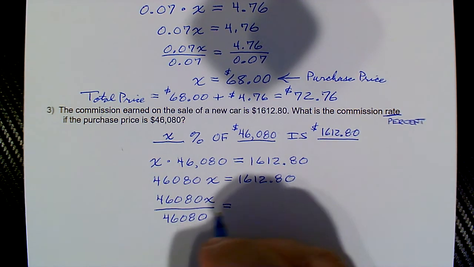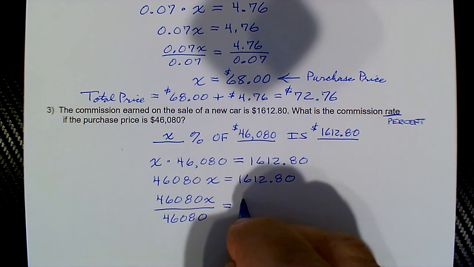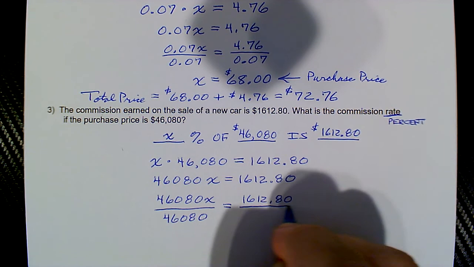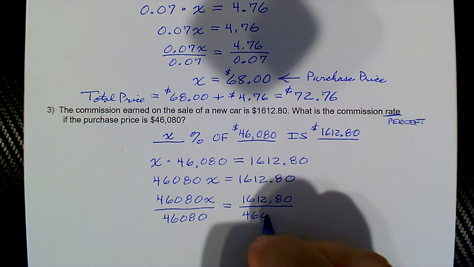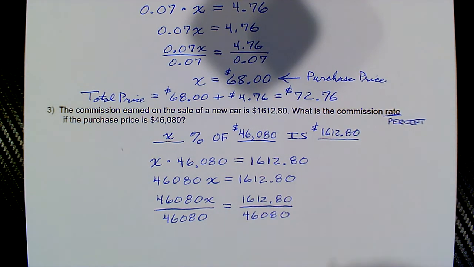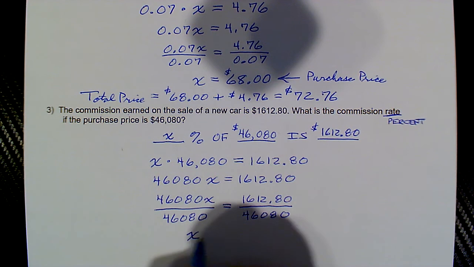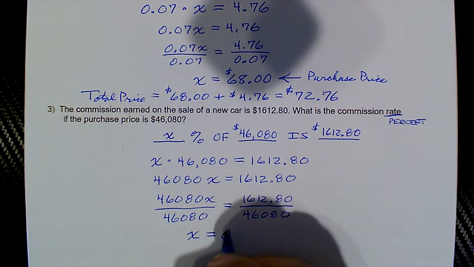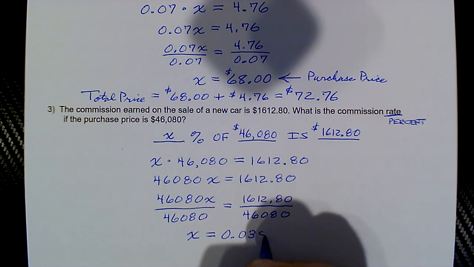And finally the division by the 46,080, and so 1612.80 divided by 46,080 gives us X, which equals, obviously a calculator here, 1612.8. You don't need to type in the 0 really. Divided by 46080 gives 0.035.